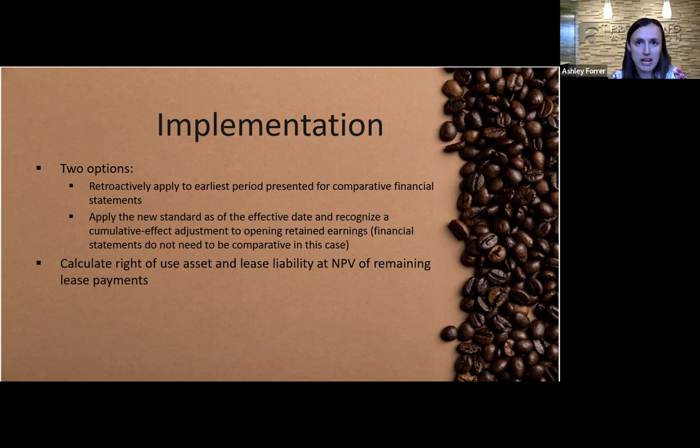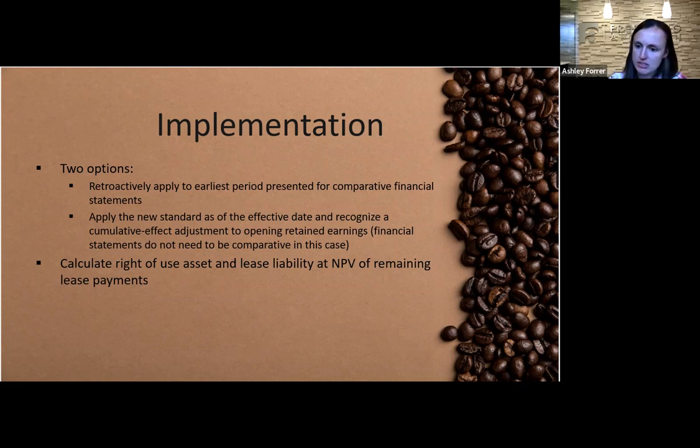In that case, you would actually go back to 2021 and present it on that balance sheet. Or there's an option to just apply the standard as of the effective date, 1/1/2022, and recognize any cumulative effect adjustment to your opening retained earnings.